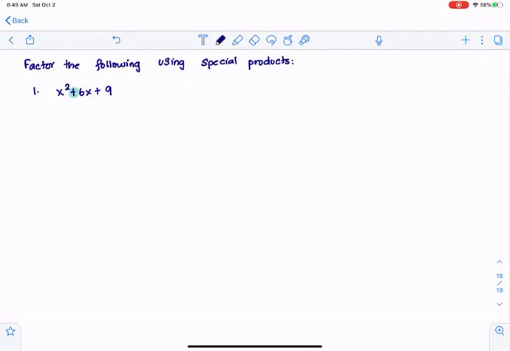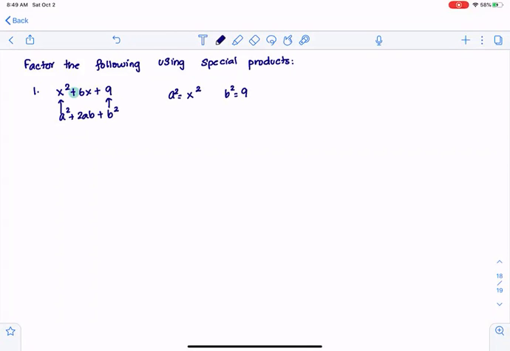So since that is a plus, we have to use a squared plus 2ab plus b squared. So that would mean a squared is x squared and b squared is 9.